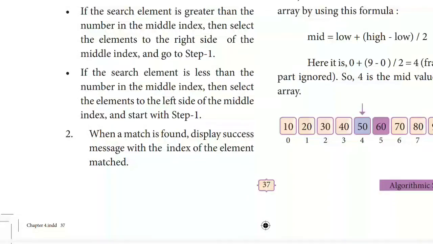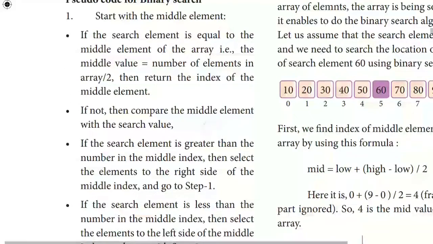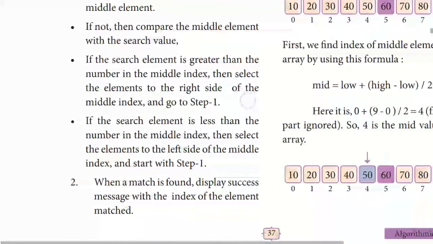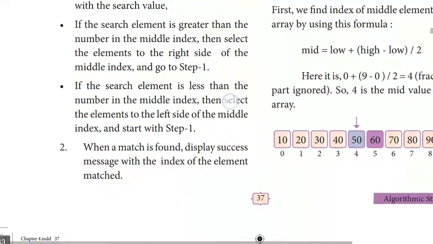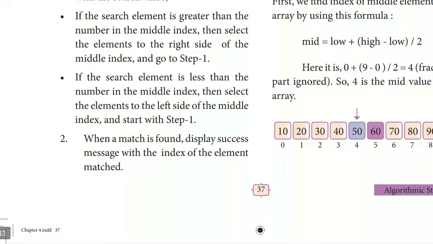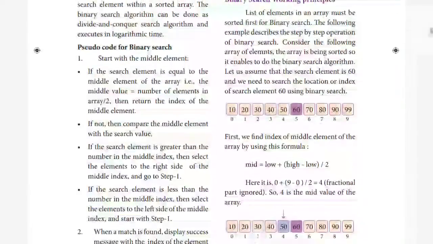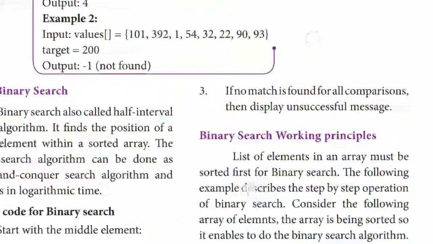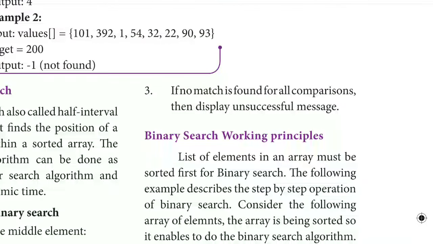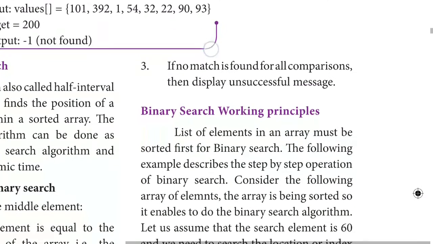So it will do these 4 steps repeatedly again and again. When a match is found, display the success message with the index of the element matched. If no match is found for all comparisons, then display the unsuccessful message.